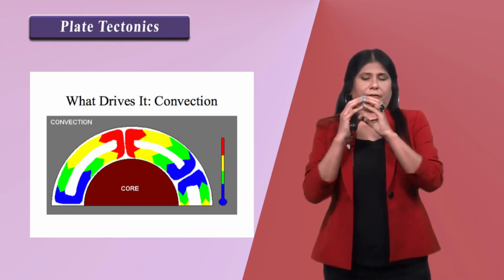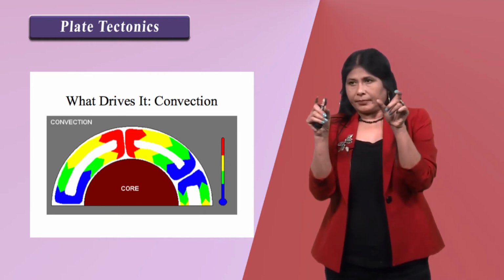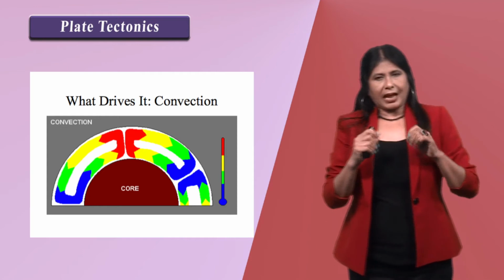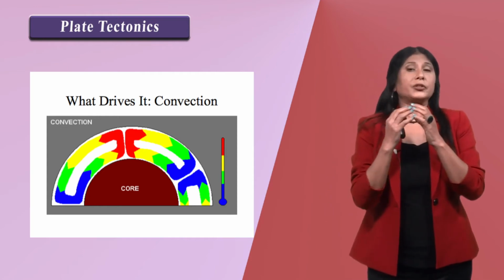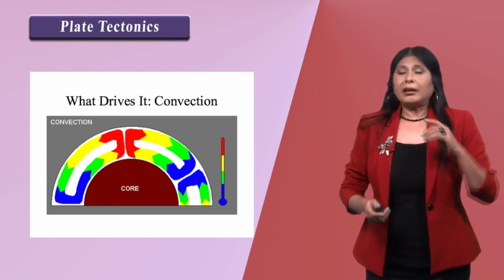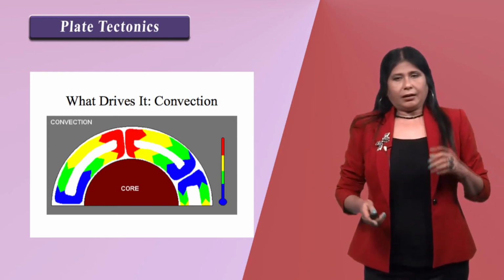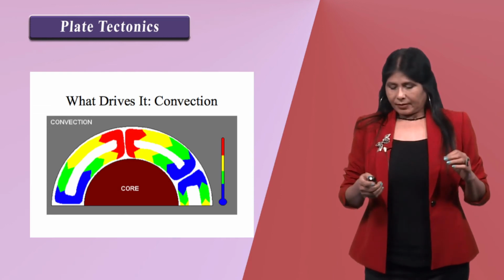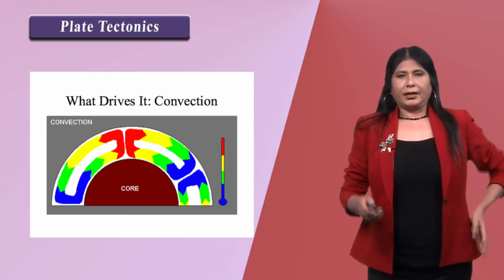From the core, the outer core is liquid and the inner core is solid. And from the mantle, a convection current generates.